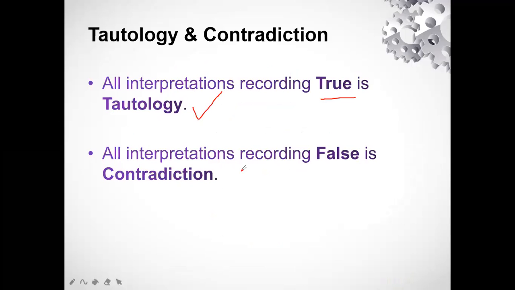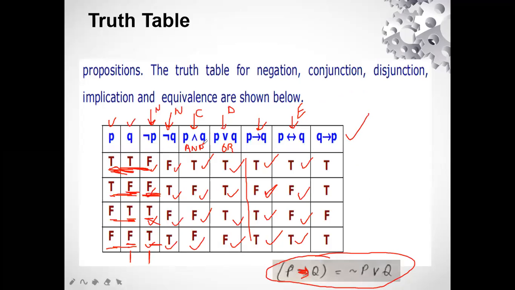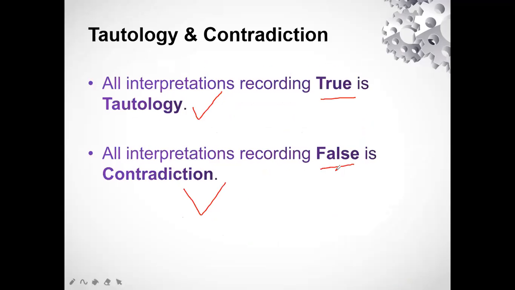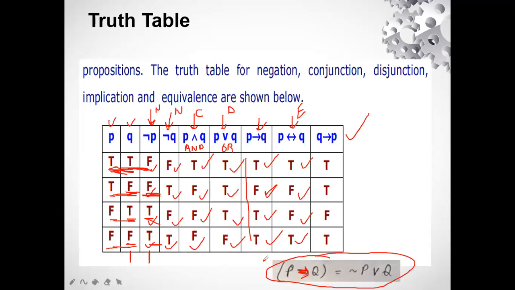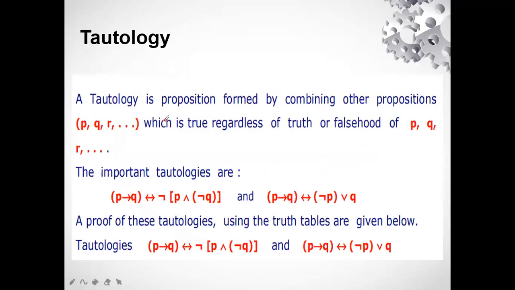And whenever all the interpretations are false, it is called a contradiction. In this table, none of these is a contradiction and none is a tautology.